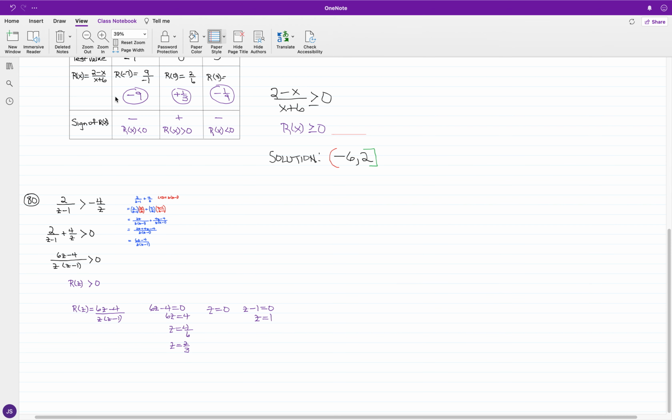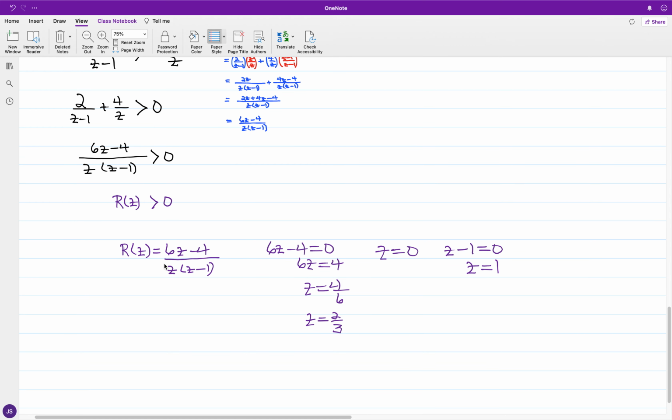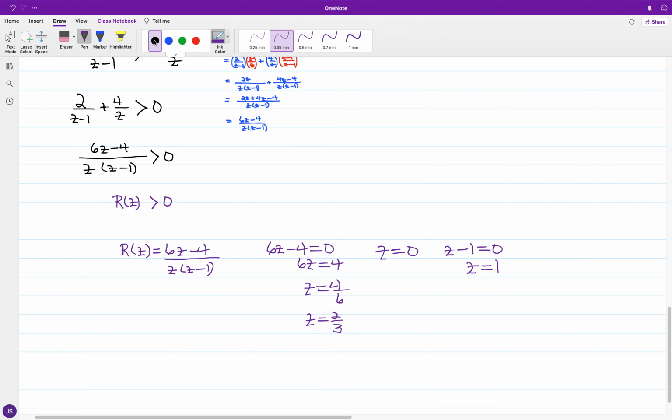So in the setup, again we have r of z, the consolidated ratio. I'm just going to restate this: r of z is equal to (6z minus 4) all over z times the quantity of z minus 1.